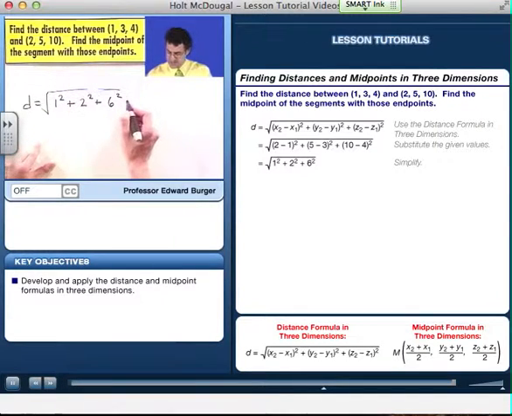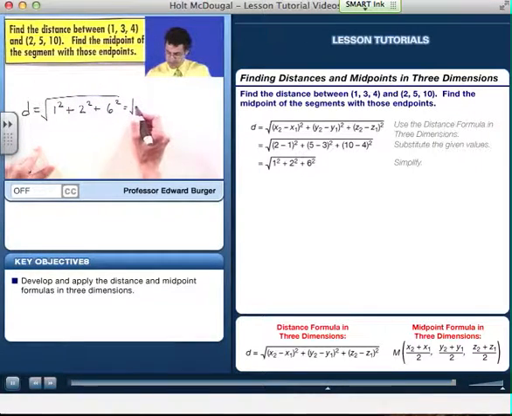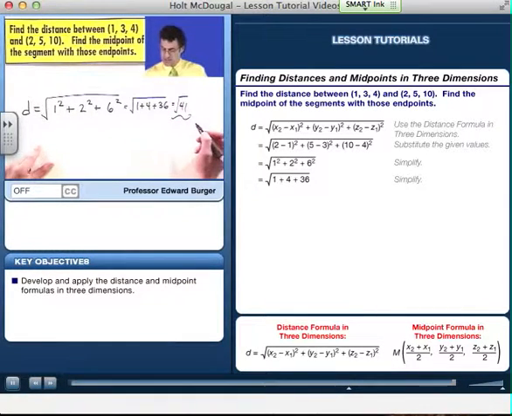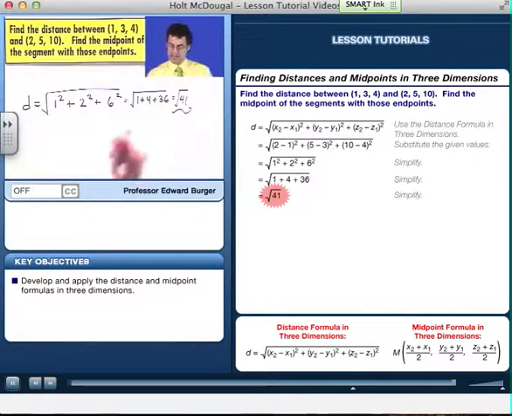And so we see the distance is going to be the square root of 1 plus 4 plus 36, which is just 41. And so we see the square root of 41. So that's the length of the line segment between this point and that point, and therefore that's its distance. The distance between those 2 points is the square root of 41 units.